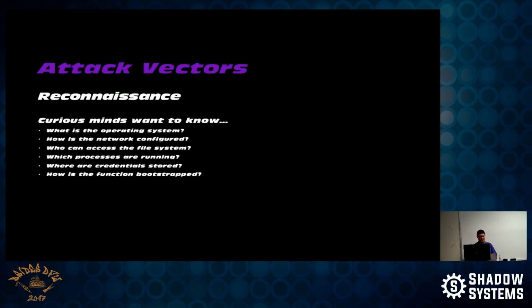And most importantly, how is the function that I'm writing bootstrapped and executed? Because if we can gain control of that process, we could probably do some really interesting things. Once you start controlling the flow of data and execution, whatever it's able to access, you may be able to access, and then some.